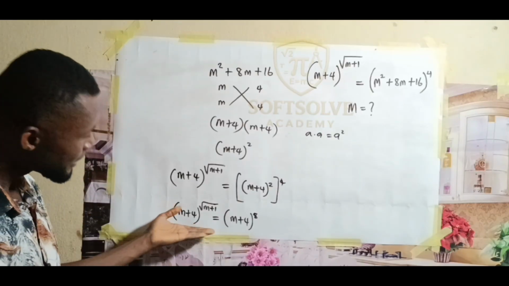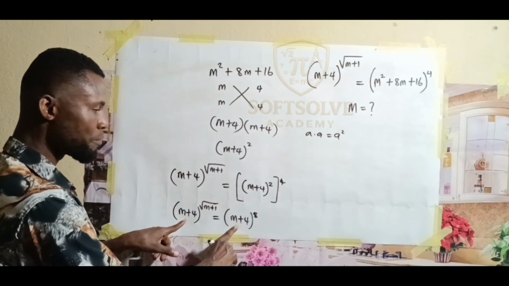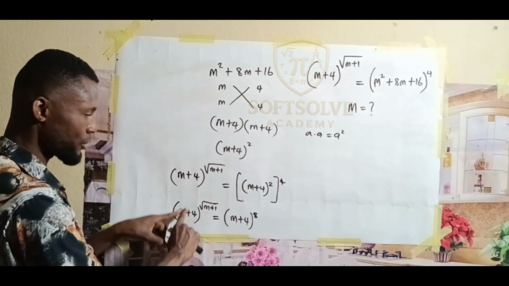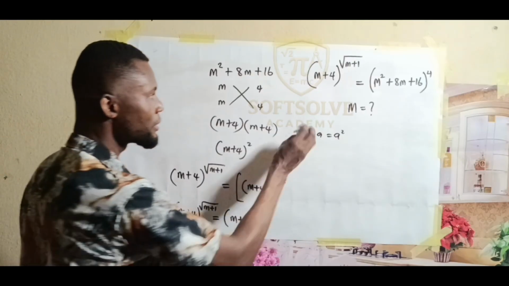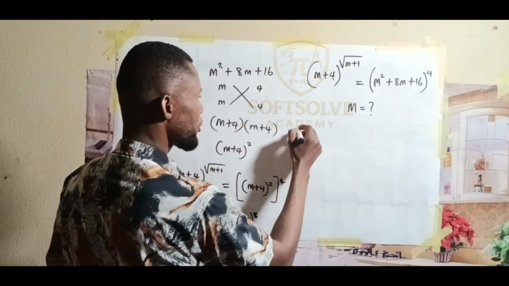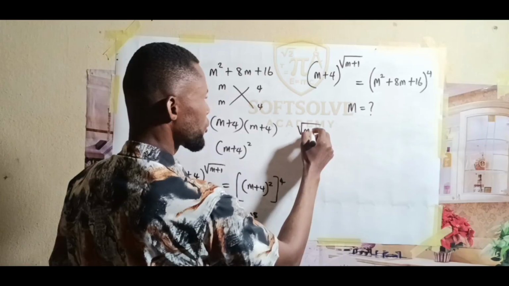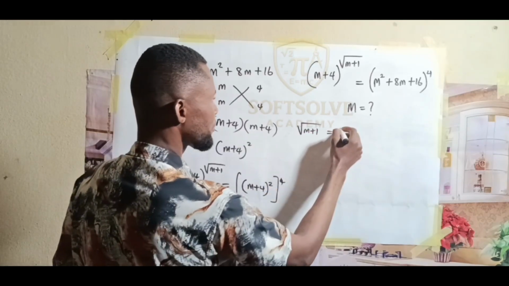From this particular point, we can notice that the bases here are the same: m plus 4 to the power, m plus 4 to the power. Since their bases are the same, from indices we can equate the powers. So the square root of m plus 1 should be equal to this 8 here.